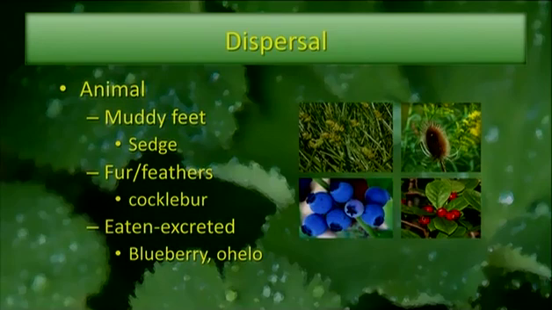Some birds will actually pass the seeds through their gut in about 15 minutes, but most mammals take about 24 hours for the seed to make its way from the mouth through the digestive tract to the other side. And there are some fruits that are eaten by Galapagos tortoises. It takes 2 weeks from being eaten until it's excreted. And these seeds actually need to go through the gut of the tortoise in order to germinate.